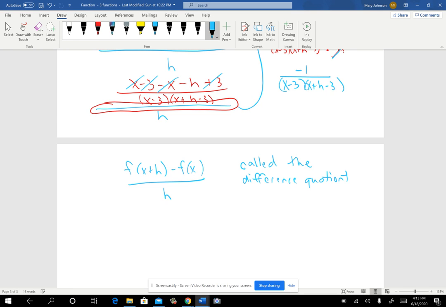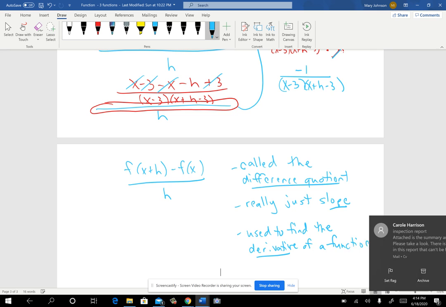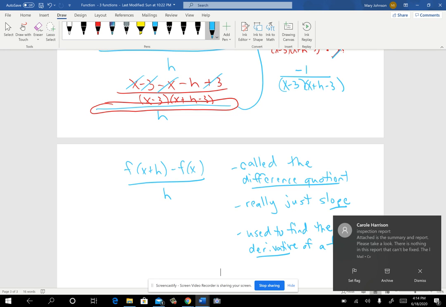It's really just slope. And then it's used to find the derivative of a function when you're in calculus. So basically, derivative, slope, difference quotient, it's all the same thing.